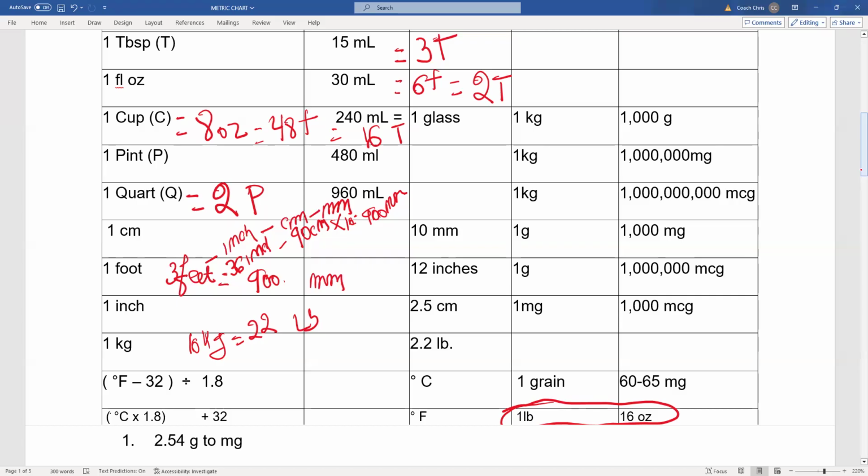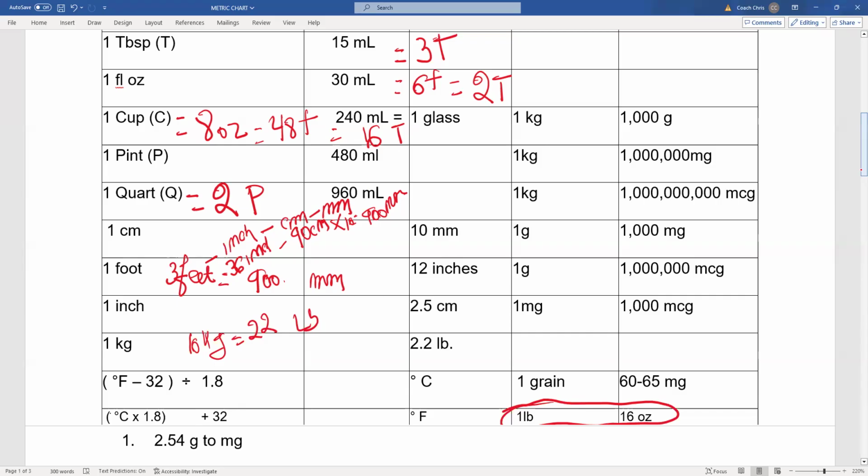It means whenever you have pounds, to go to ounces, you have to multiply by 16. But if they give you the value of ounces, you have to divide that by 16 to get pounds. So 16 ounces equals how many pounds? 1 pound, because 16 ounces divided by 16 is 1 pound. So don't forget, 1 kilogram equals how many pounds? You have to multiply that by 2.2 pounds.